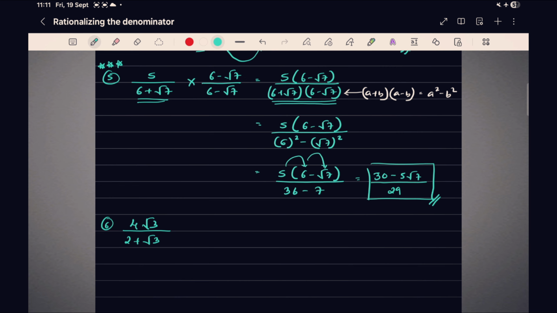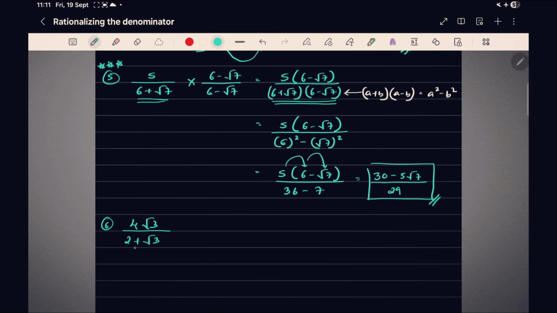But what is my topic's name? Rationalizing the denominator. तो जिसका मतलब है कि numerator में चाहे जो हो, मुझे उससे फर्क नहीं पड़ता. I am concerned only with my denominator. I have to convert my denominator to a rational number. अगर उसमें न्यूमरेटर में irrational number रहता है, I am not concerned with it. I want a proper rational number in my denominator.